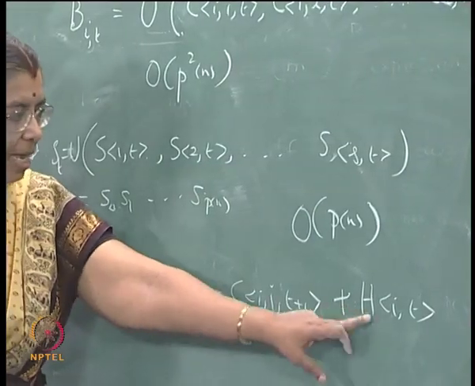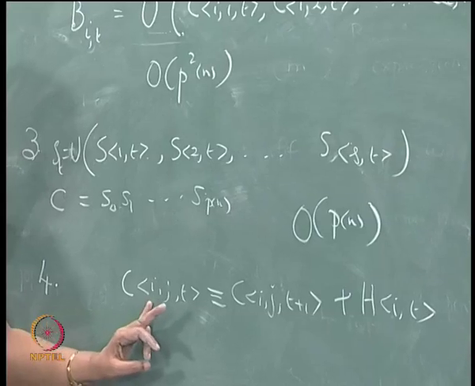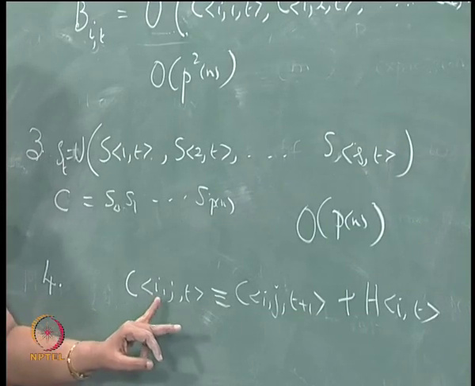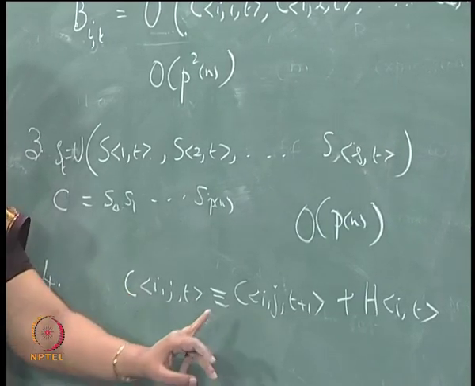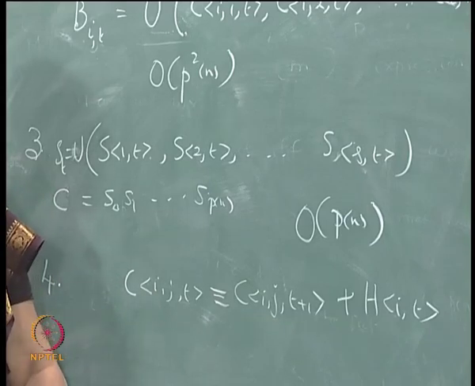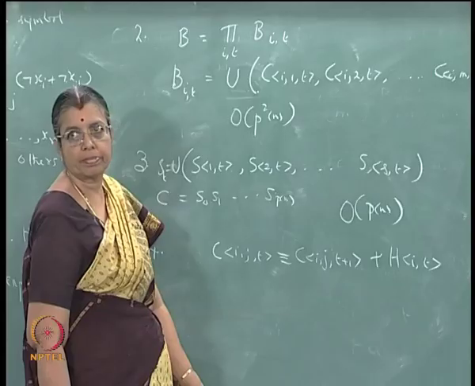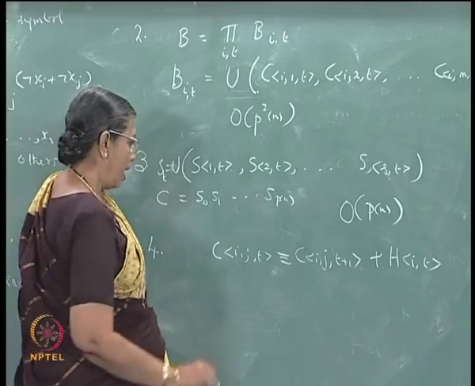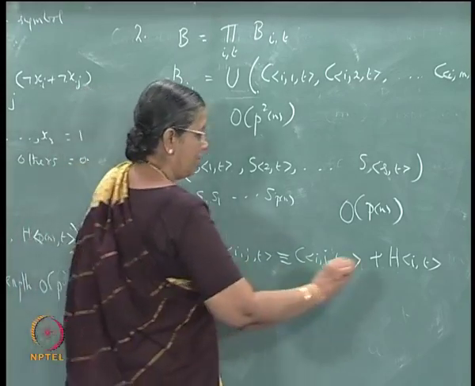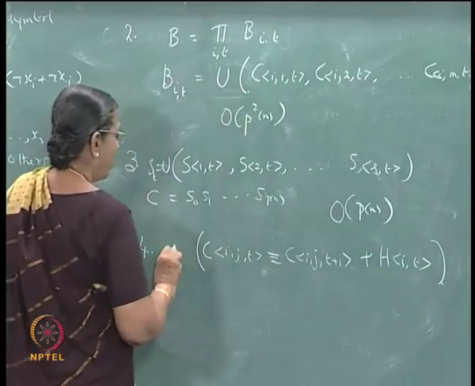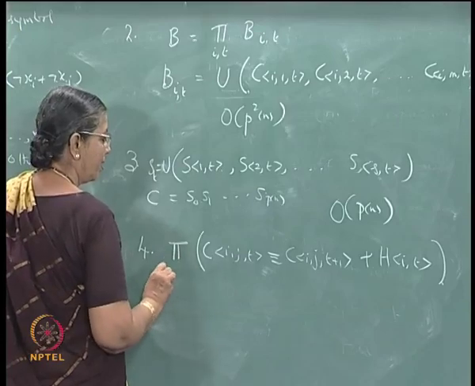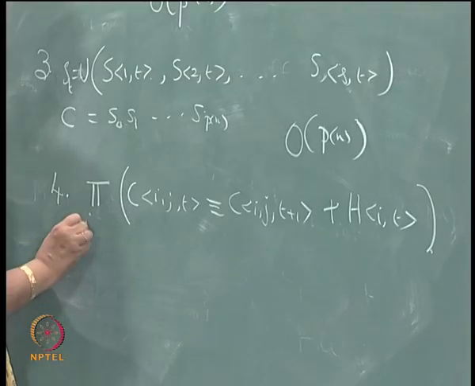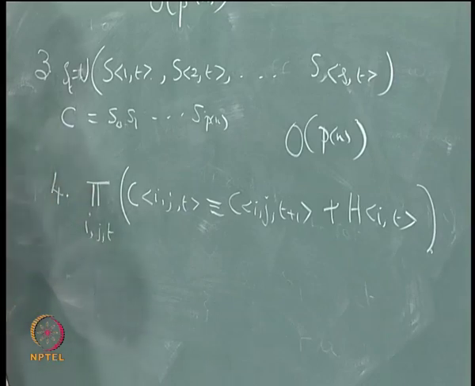If the head is not scanning the ith cell, the contents of the cell i is the same at time t and time t plus 1, right. This is the expression, but you have to take the product over i, j, t.